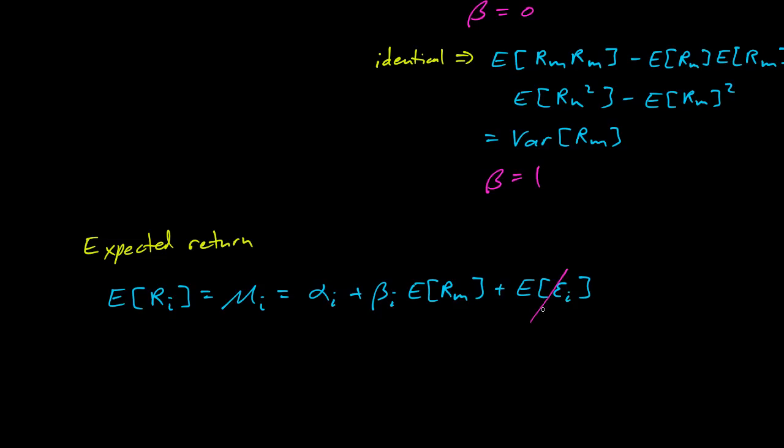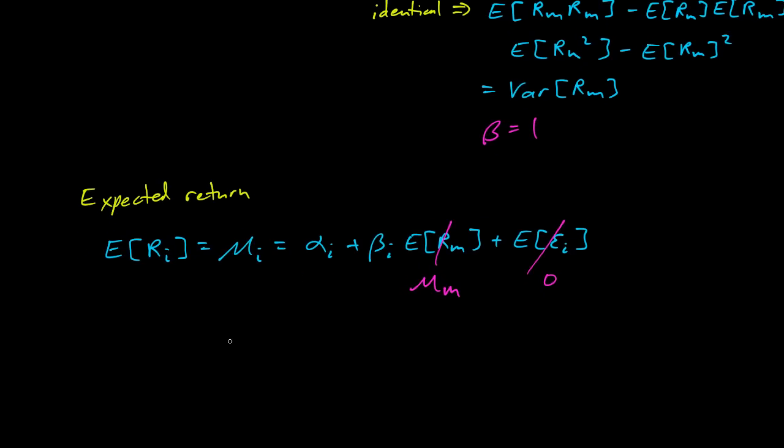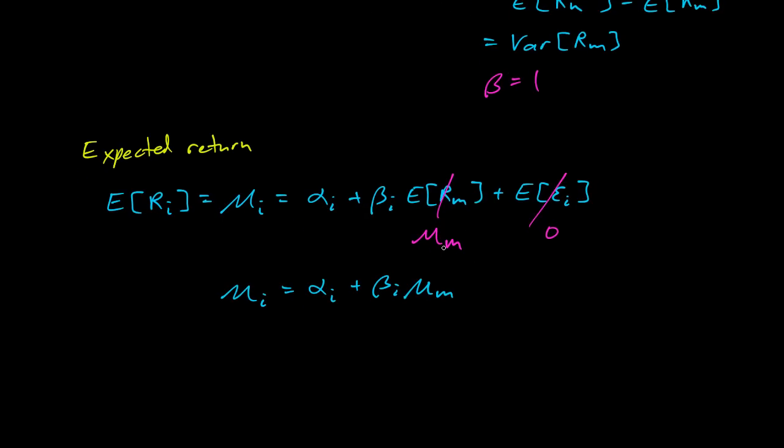And then this is 0 because this is noise. Then this we'll call mu m. And so we have mu i equals alpha i plus beta i mu m. If I can draw mu's. All right, so the expected return of asset i is related to the expected return of the market and alpha and beta.